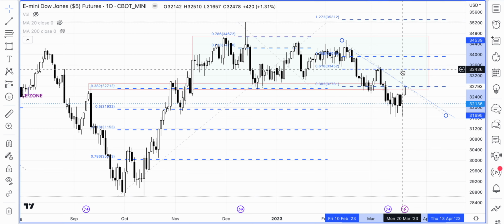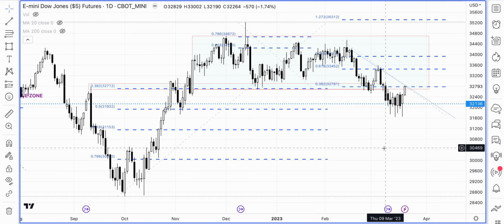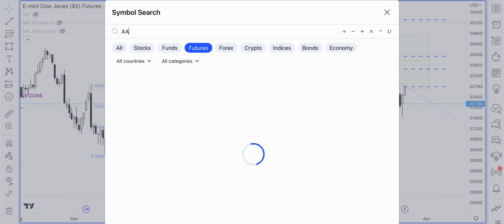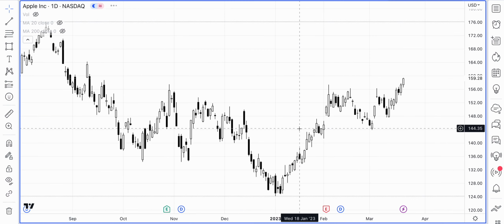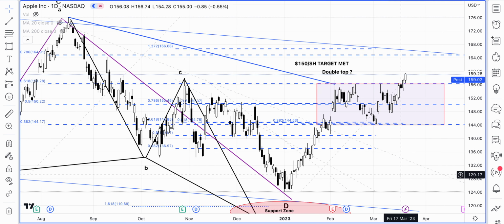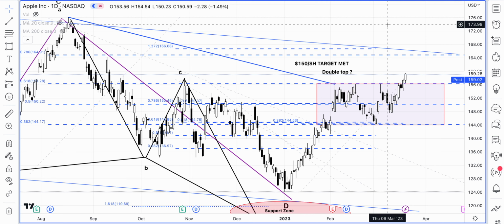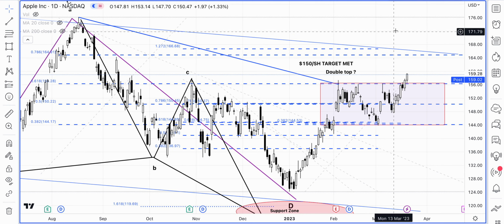Roughly around the 33,400 level. Apple is also included in this index, and Apple's stock has been pretty strong, so while we are here, let's take a look at Apple. So guys, for a deeper discussion into this chart, I will ask you to watch the video which we did yesterday, in which we had a look at the major tech stocks that we have been following for quite some time.